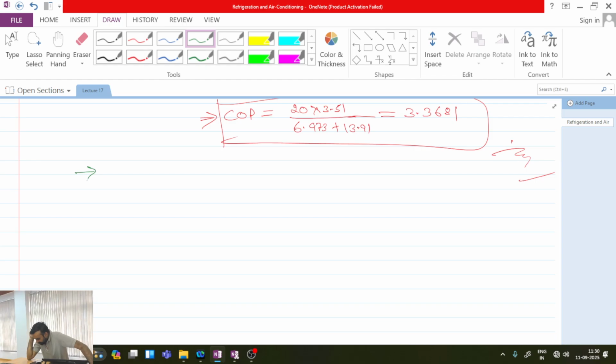A cascade refrigeration system uses R13 on the LT side. So it means in the low temperature cycle LT we have R13 as the refrigerant, and ammonia on the HT side.